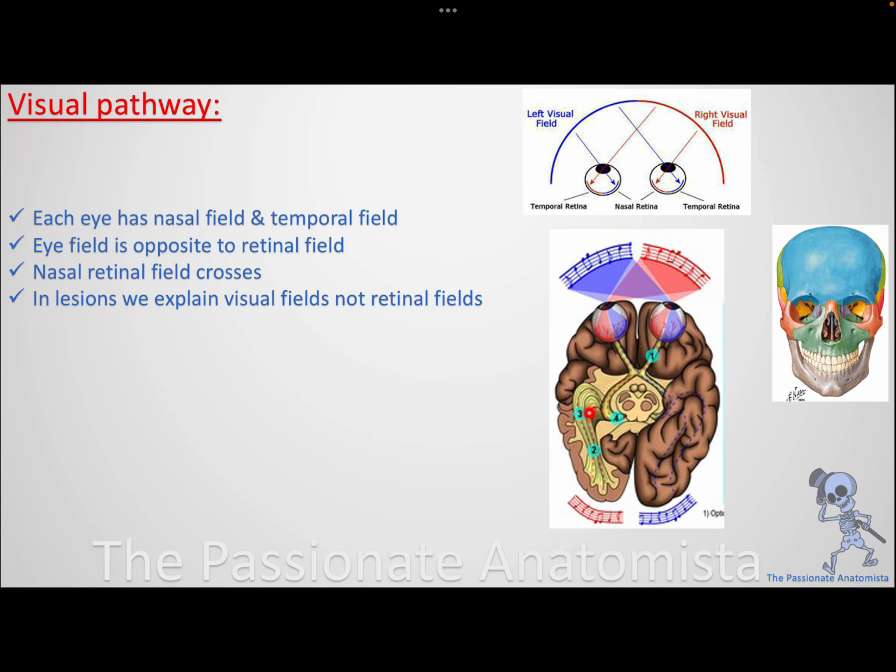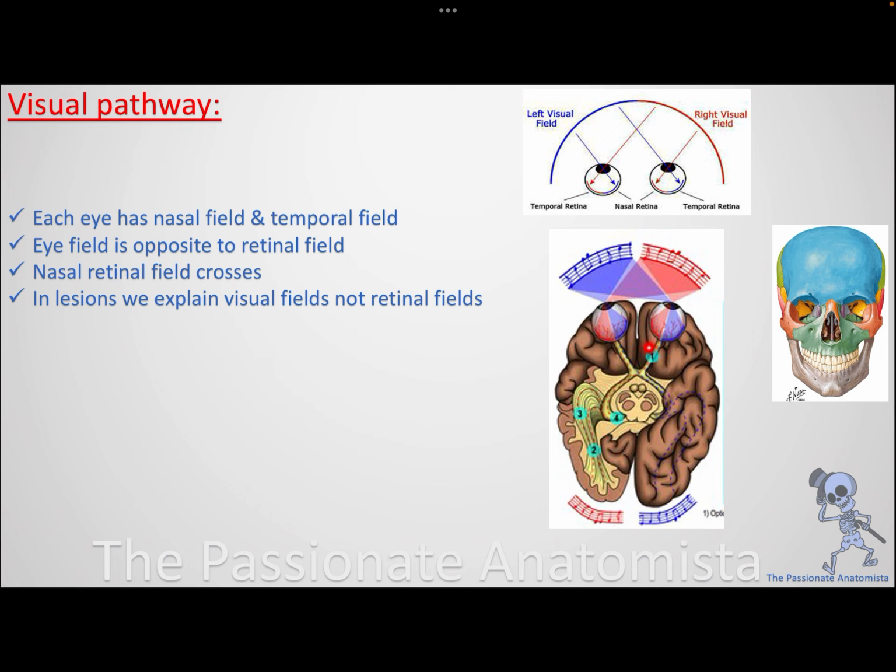Because we need to know what will happen if I have a lesion in the temporal or inferior loop of the optic radiation, and what will happen if I have a lesion in the parietal loop or superior optic radiation.